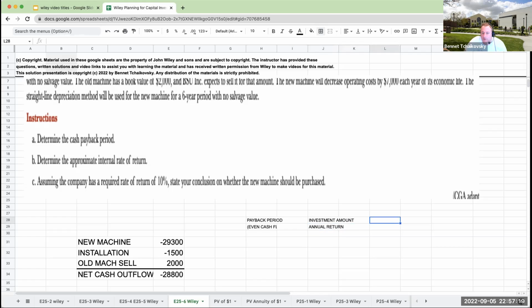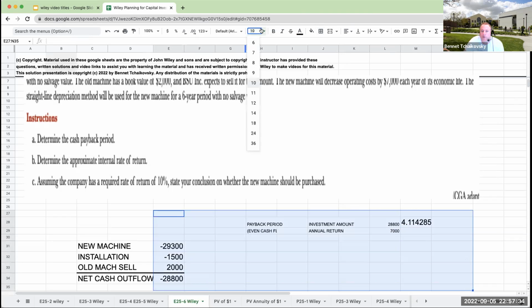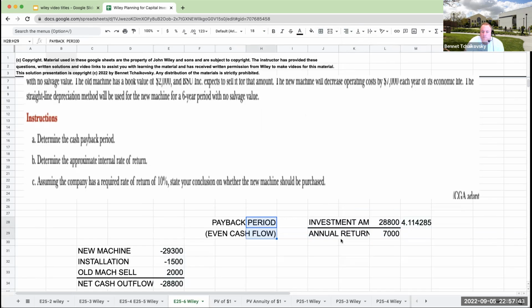So my investment amount is $28,800, and I'm dividing this by 7,000. So my payback period is going to be 4.114285. This is the cash payback period.